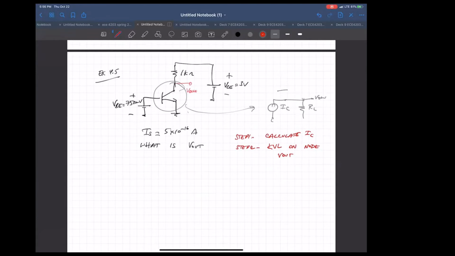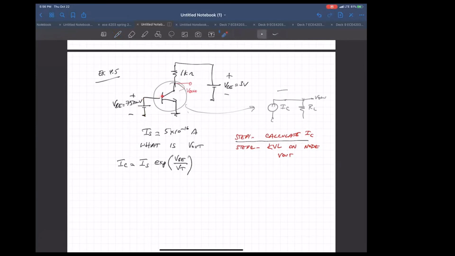Okay, guys. Let's try this together. So step 1 is calculate I sub C. You pull out your I sub C equation, which is I sub S times the exponential of VBE over VT. We're making the assumption that this is forward active.